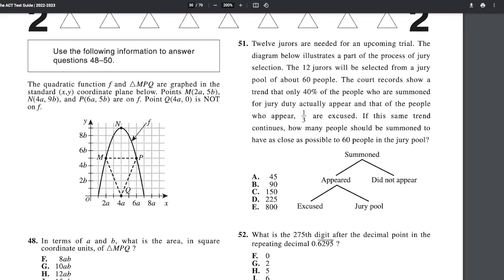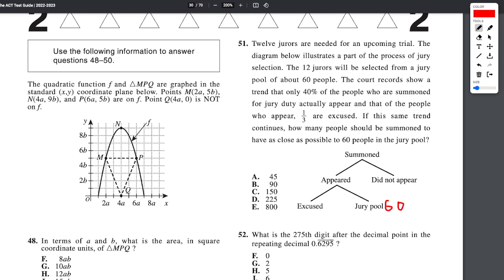12 jurors are needed for an upcoming trial. The diagram below illustrates a part of the process of jury selection. The 12 jurors will be selected from a jury pool of about 60 people. The court records show the trend that only 40% of people who are summoned for jury duty actually appear, and that of those who appear, 1/3 are excused. So 60 people are in this jury pool.